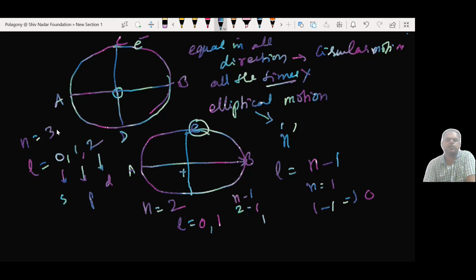That means if the principal quantum number is equal to 3, 3 subshells are possible; the number of subshells equals the principal quantum number.